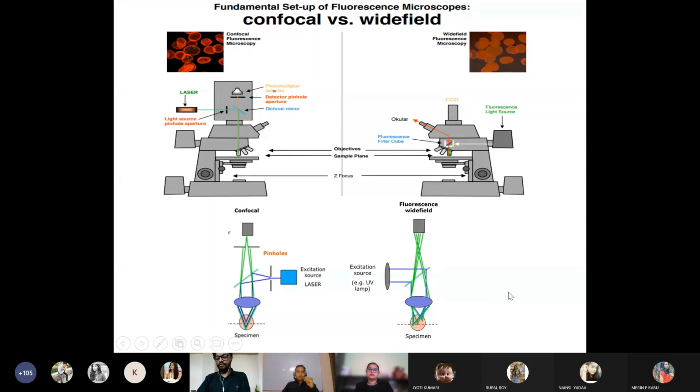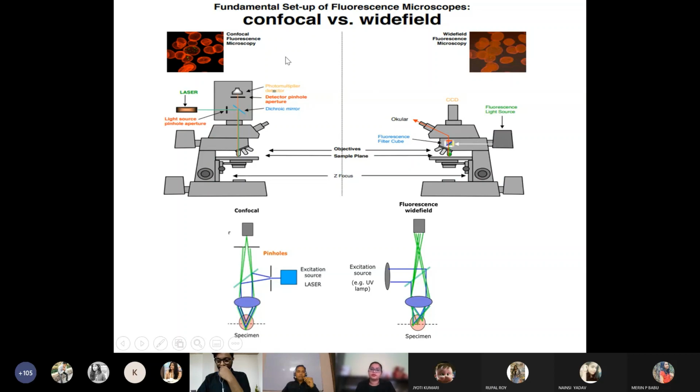So the reason is, the confocal microscope, as the name suggests, is very specifically using a laser beam. The light source is laser.